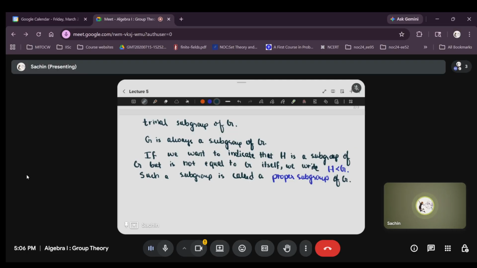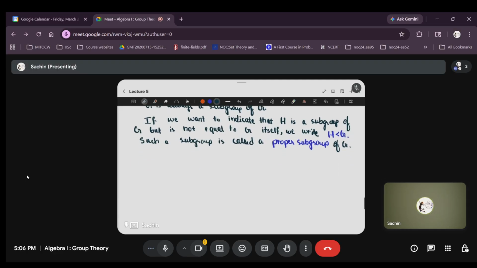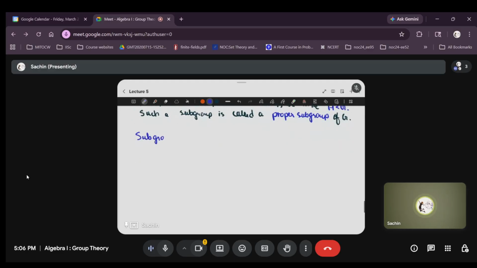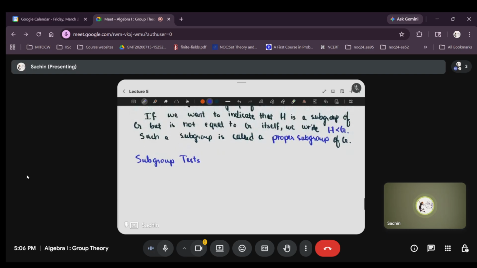Then we'll discuss some subgroup tests: how to test whether some subset you take is a subgroup. When you are defining a set or a subset, you will not always mention the elements of the set.